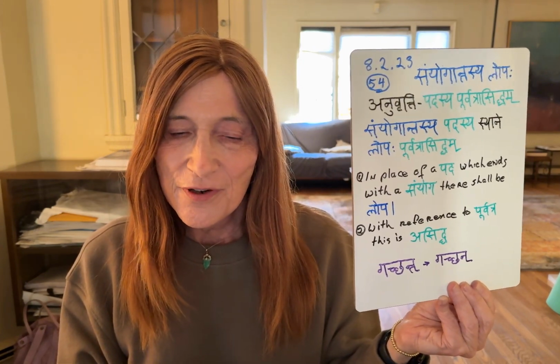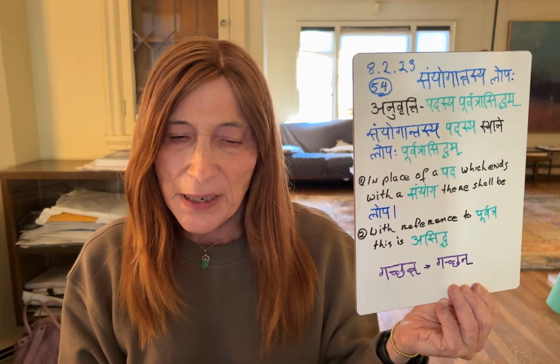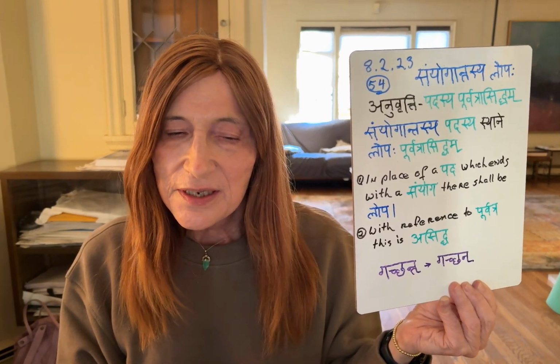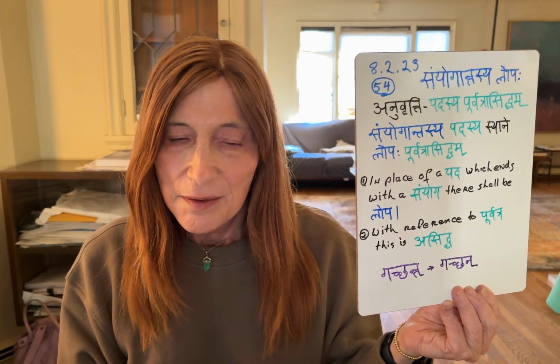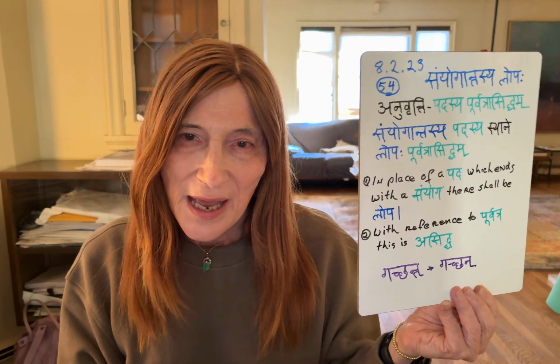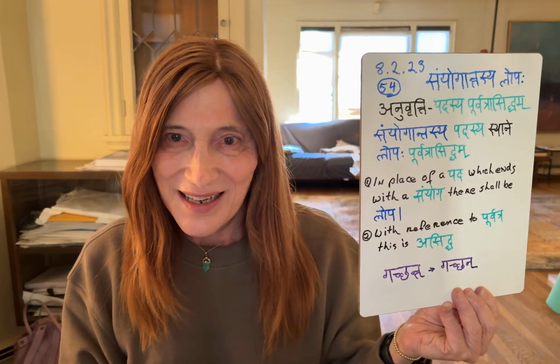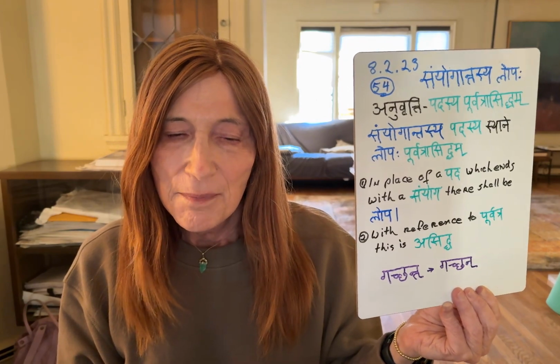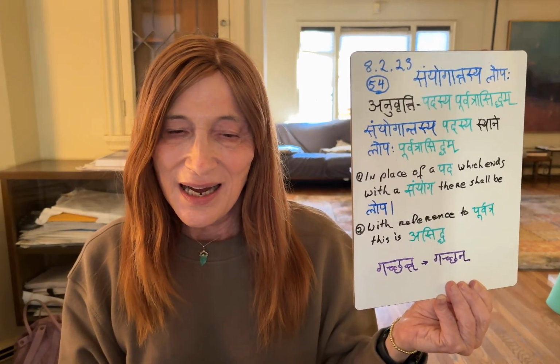So this is actually two statements. The first is, in place of a pada which ends with a samyoga, samyoganta pada, one whose ending is a samyoga, modifying pada. Samyogantasya padasya is shashti, shashti in this case sthane yoga.